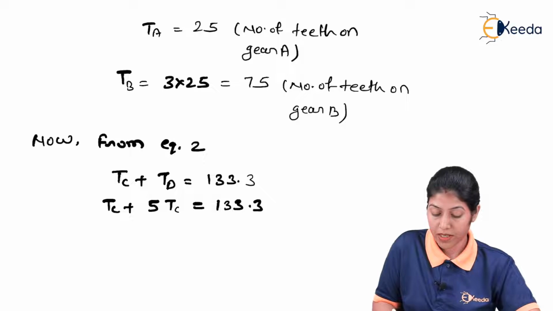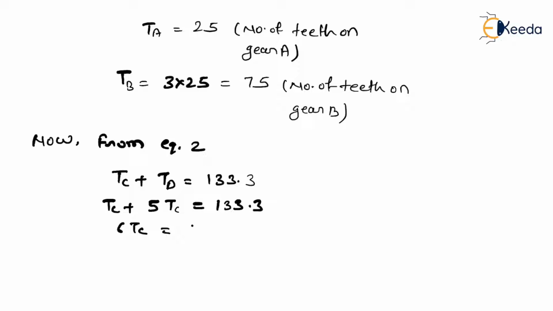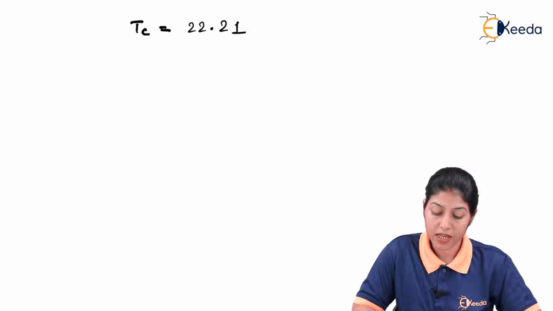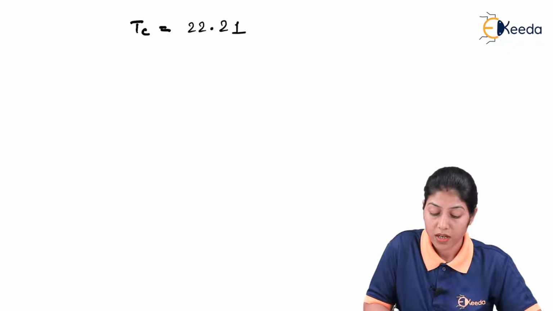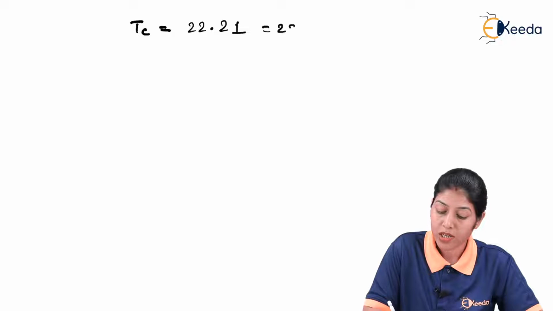So this equation will be 6 TC, that is equals to 133.3. So the value of TC we are getting here is 22.21. So in place of 22.21, we can write down 23.